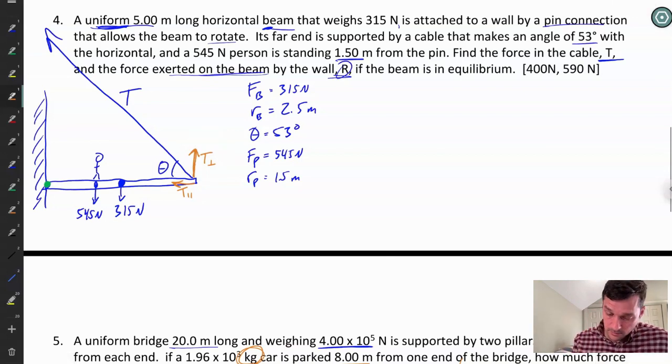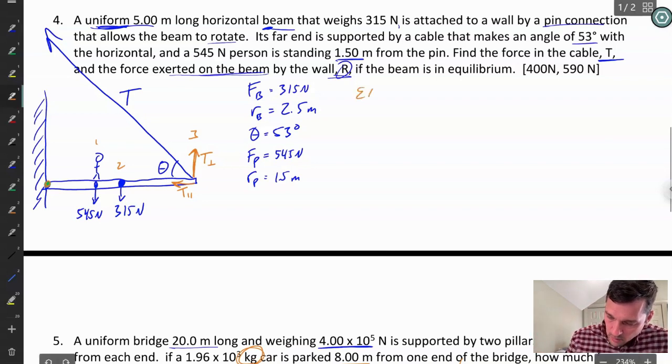So we've got, let's see, 1, 2, 3 torques about this point. There are 3 forces at some distance away from the point of rotation. So the net torque is going to be 0, and that's going to be the force of the person times their location, and they are going to be trying to rotate this thing clockwise, so that would be a negative torque applied by them.